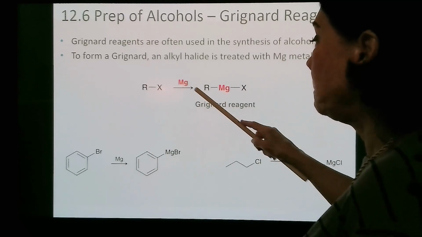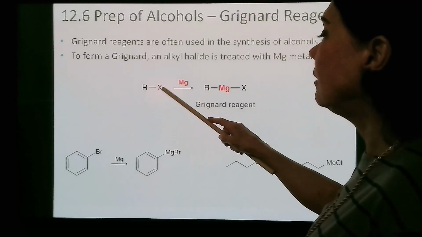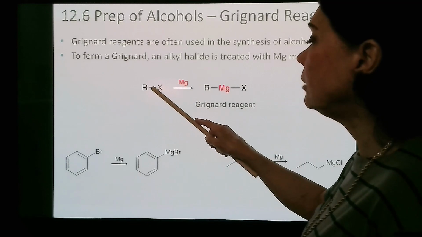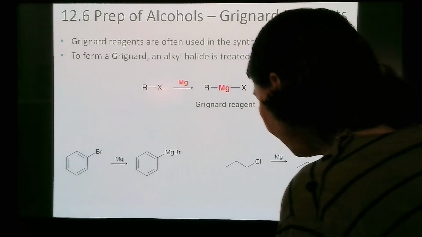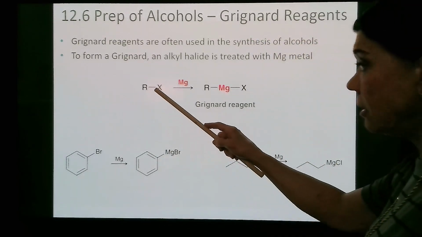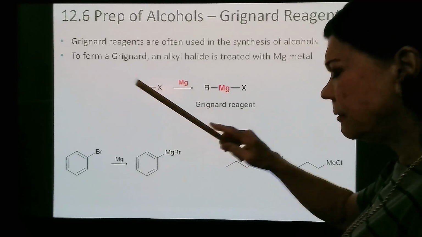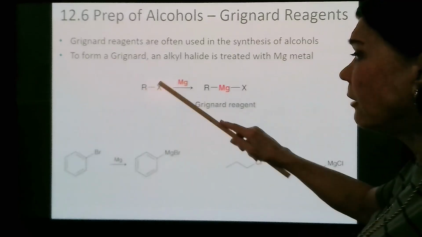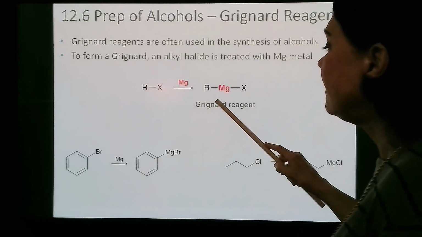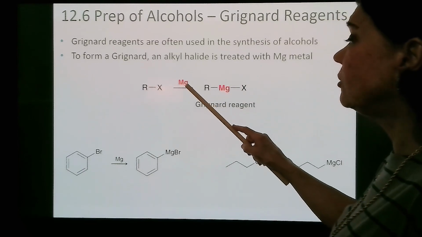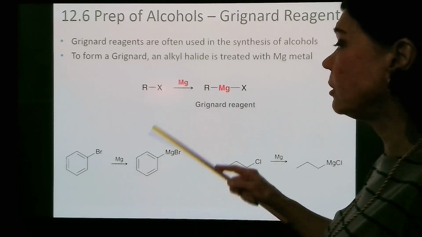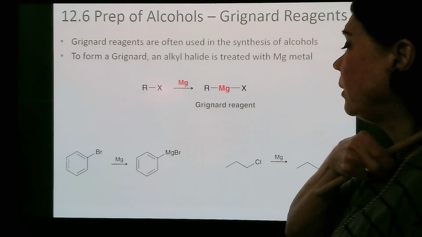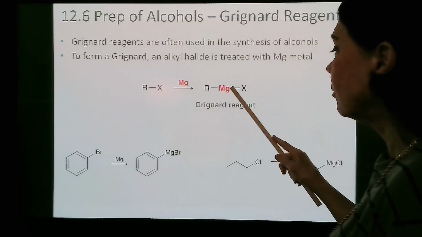These magnesium turnings are dropped into the liquid alkyl halide and stirred, and you can see the turnings gradually dissolve, and you will obtain the Grignard reagent.